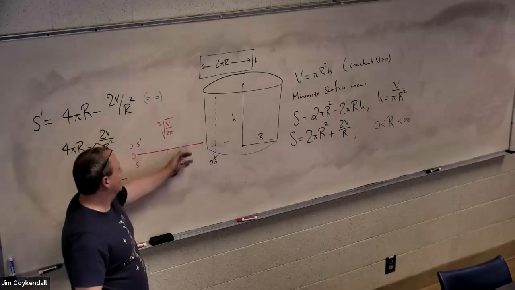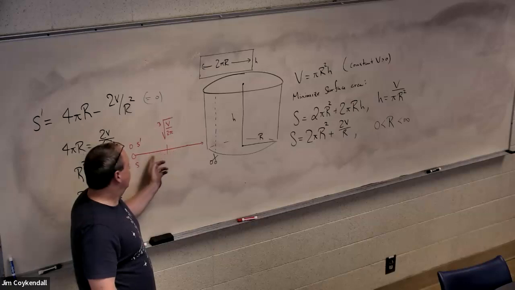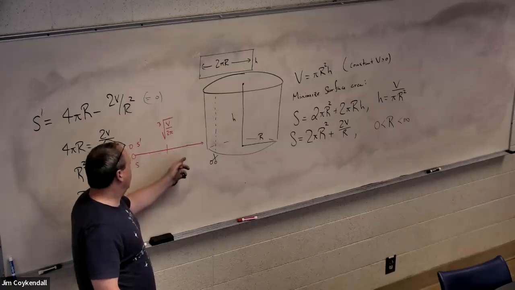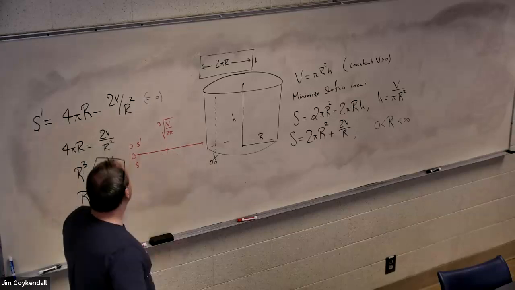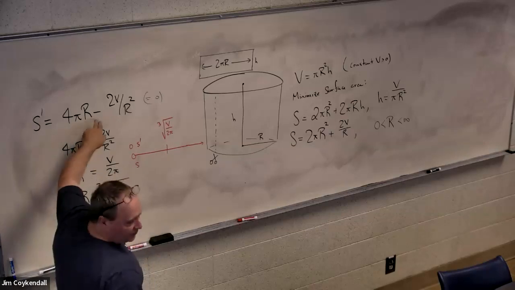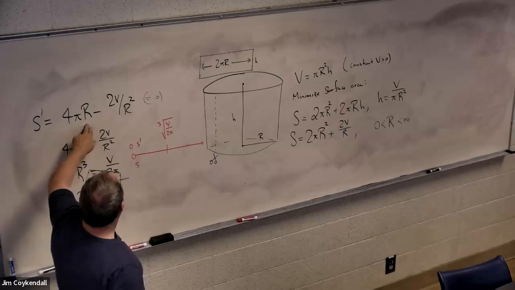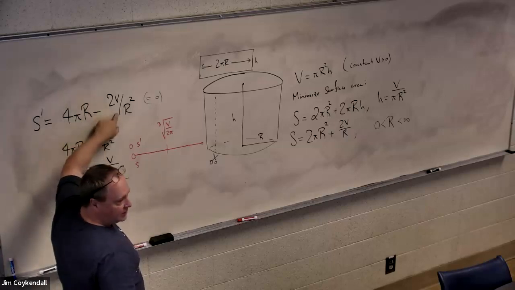There's only one critical number, so this can only change sign once. Do I agree with that? It's either all positive, all negative, or it changes sign. What happens when r is very near 0? R is very, very tiny, 1 over a billion. That's almost 0, and that term is huge negative. Agree?